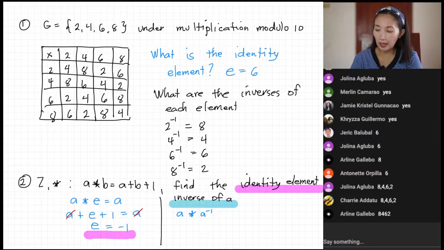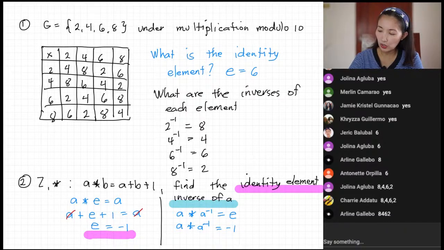A times its inverse should yield the identity element. However, we already found this to be negative 1 from our previous step. So this could be simplified to A star A inverse equal to negative 1.